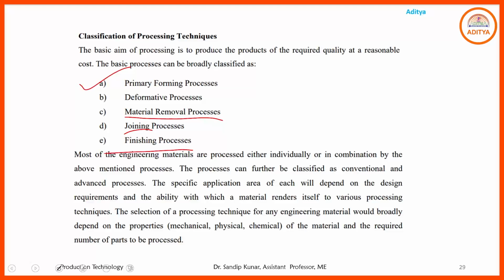We use these types of processes in the manufacturing sector for producing the different products used in our daily life. With different materials and different properties, mechanical and chemical, we use different manufacturing processes to get the finished product.